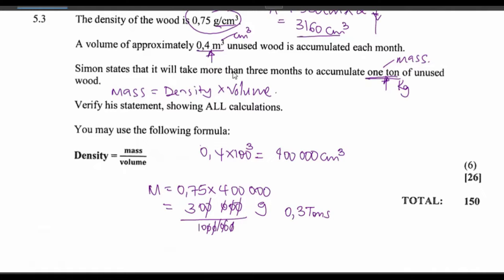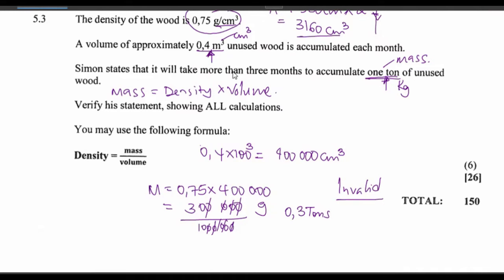Approximately used in community each month. Someone said that, so it becomes invalid. Because if, okay, this is accumulated each month. If this is accumulated each month, so Simon states that it will take more than 3 months.